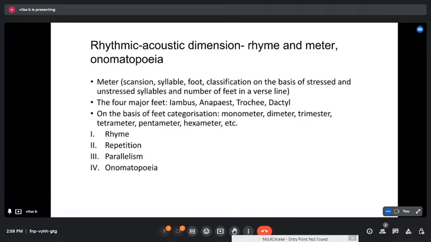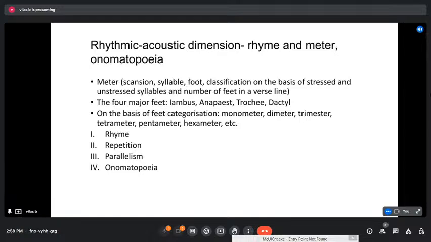For example, if you have a pen, you can note down: The curfew tolls the knell of parting day. That is the line. So The curf, it is 1 foot. Ew tolls, number 2. The knell, 3. Of par, 4. Ting day, 5.